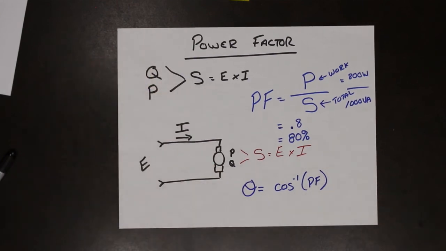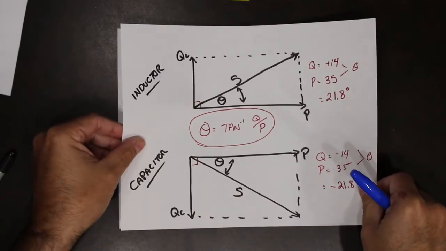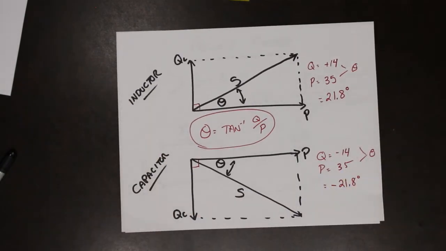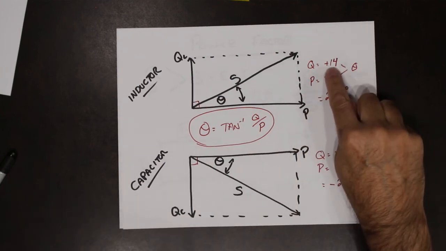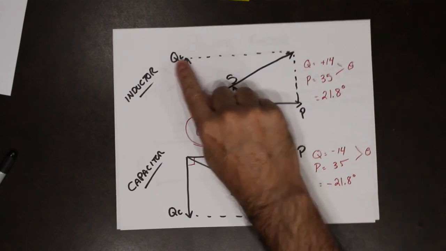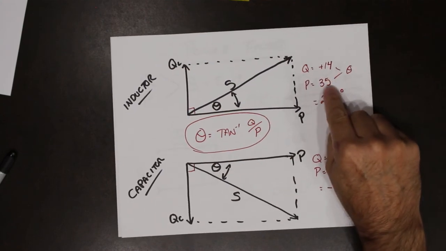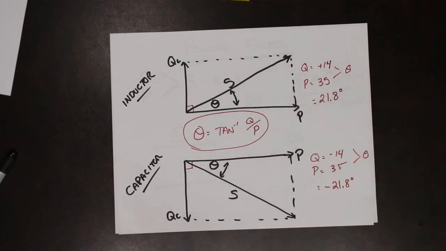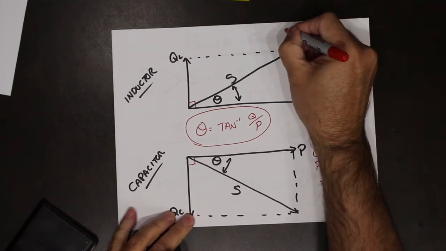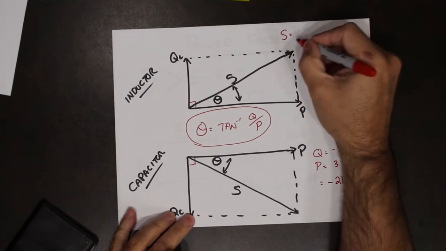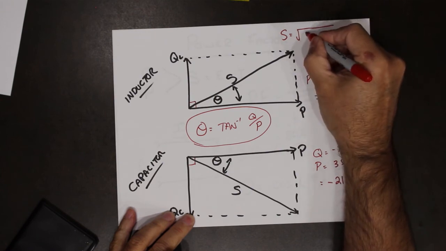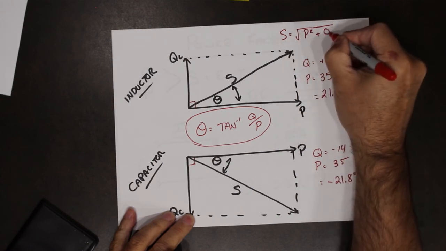So let's just do our little example here. Q was 14, P was 35. What's S? So if we go back into our math, we know that S is equal to the square root of P squared plus Q squared.